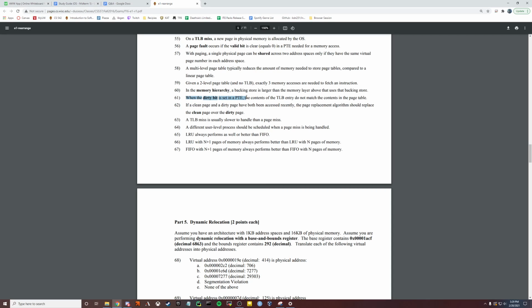61, when the dirty bit is set in a page table entry, the contents of the table entry do not match the contents in the page table. I think that's true. I think that is the definition of a dirty bit, right? Just check. Oh, I really have to use the restroom. I'll be right back.